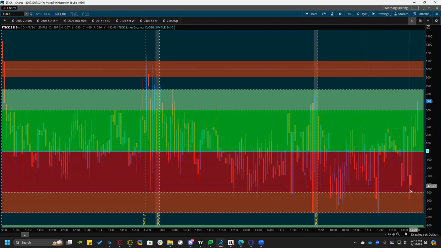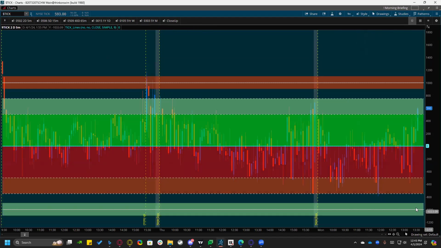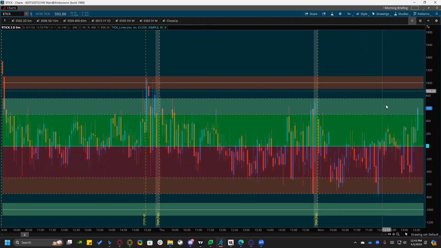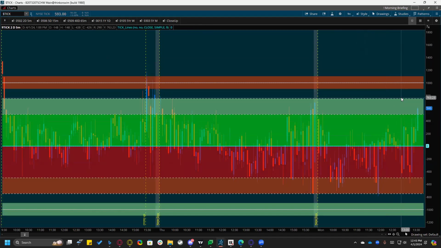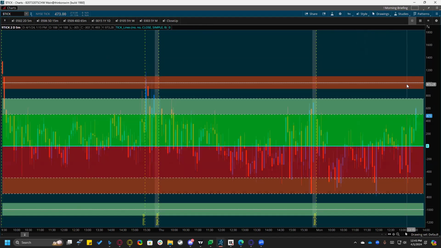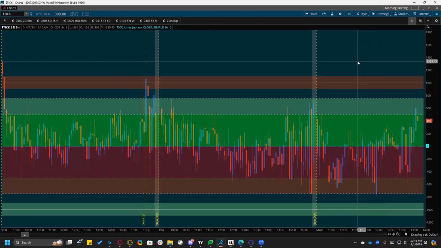We can see the zero line, we can see -500, -750, and then even deeper into -1000. And we have +500, +750, and +1000. It's still candles though, and that can be a little messy, kind of hard to see. And every time I get my mouse in there, it brightens up and it's kind of hard to read.